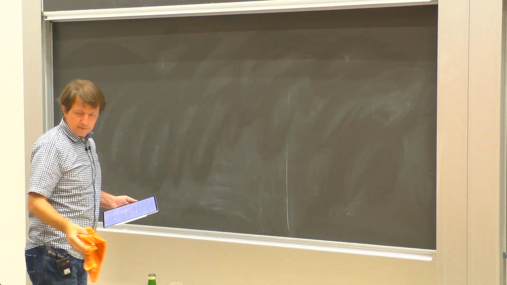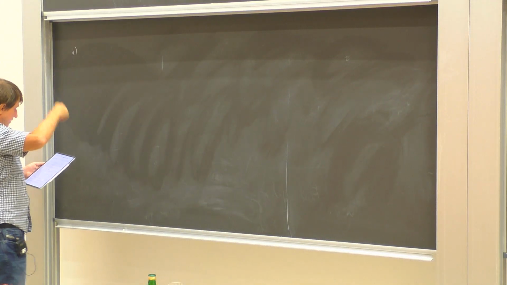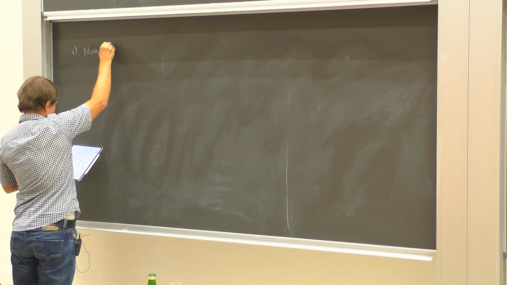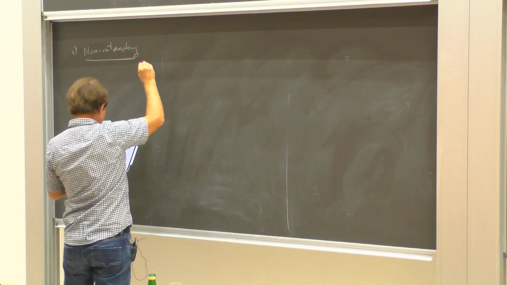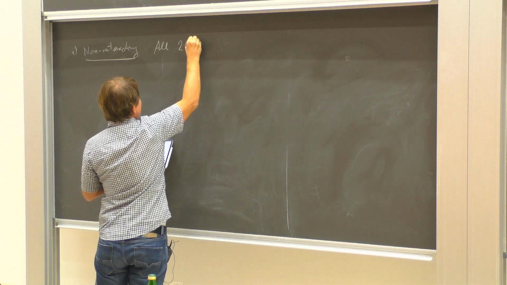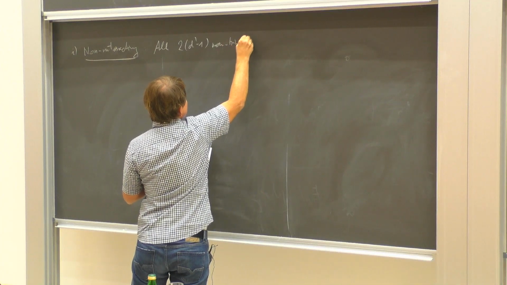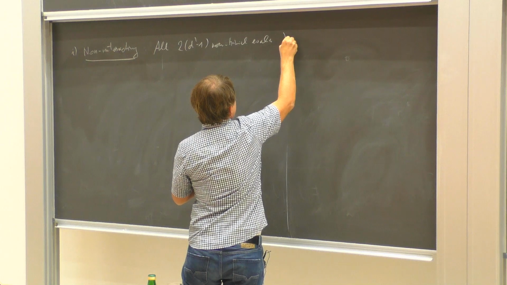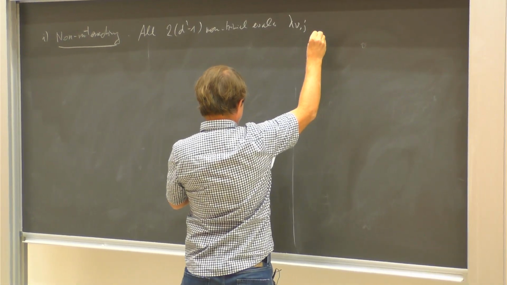So we can have a ladder of behaviors. The first one is less ergodic, the last one is most ergodic. The first one is non-interacting, which means all 2 times d squared minus 1 non-trivial eigenvalues lambda mu j are equal to 1.